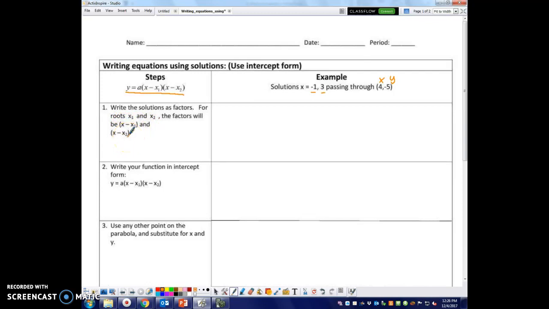So here's how you're going to write this. First, let's rewrite our equation. y equals a(x minus x1)(x minus x2). Okay? This first one is x1. This second one is x2. Okay? So we're going to rewrite it. y equals a(x minus, what's our x1? -1.